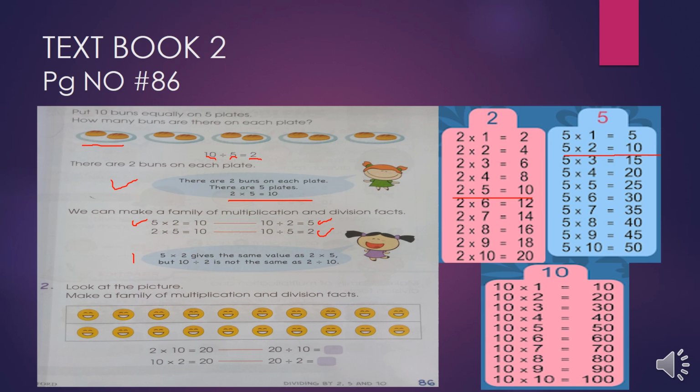But 10 divided by 2, which means when 10 comes in the 2 table, 2 fives are 10, is not the same as 2 divided by 10. We cannot divide 2 by 10 this way. So they are not the same. This is a very important point. You have to keep this in your mind. Okay, class?